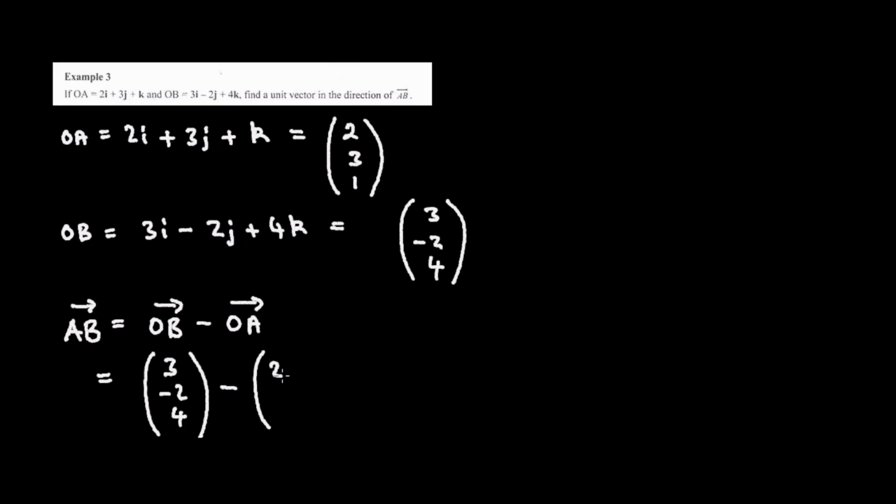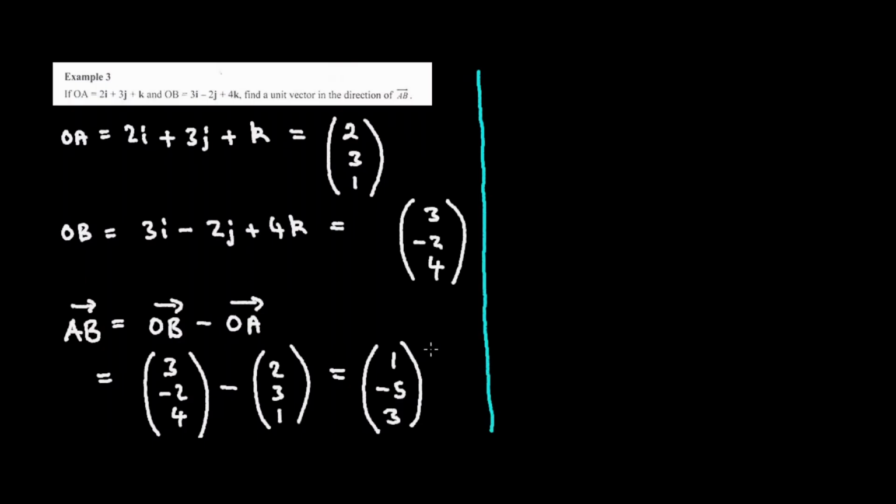OA taken out in the (2, 3, 1). So this is equal to 3 minus 2 the 1, minus 2 minus 3 the minus 5, 4 minus 1 the 3. Like this. Saka taona kuti AB ndiani.